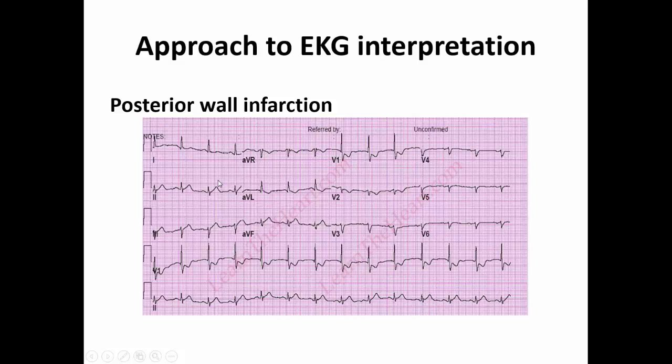Oftentimes in the ED, when we print one of these EKGs, we'll flip it over and look at it upside down, and you'll see marked ST elevation in lead V1. But just looking at it on the monitor, you're going to see 1 or 2 millimeters of ST depression in lead V1. That's how you diagnose a posterior wall MI.